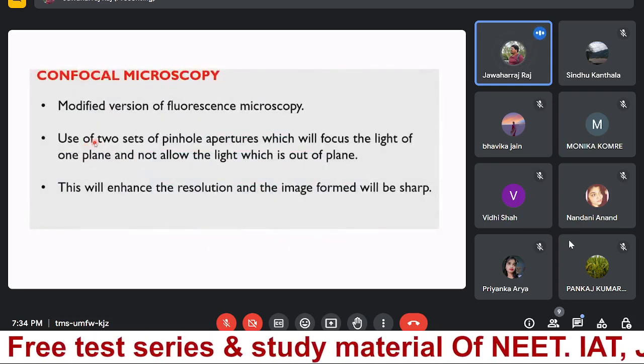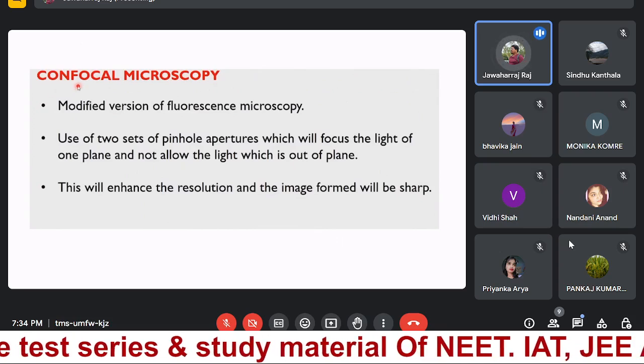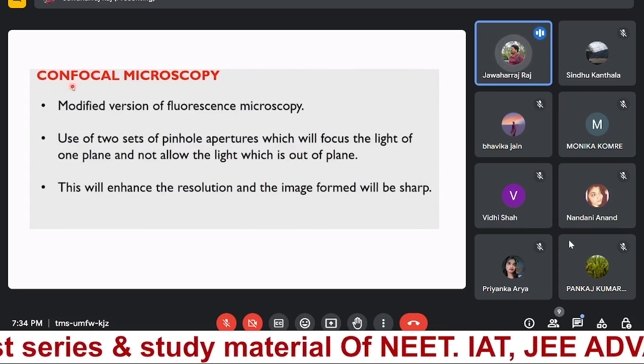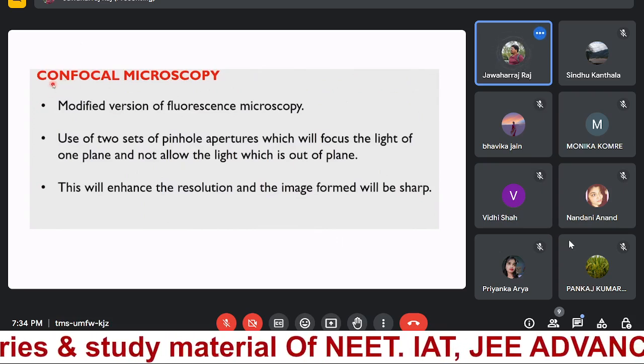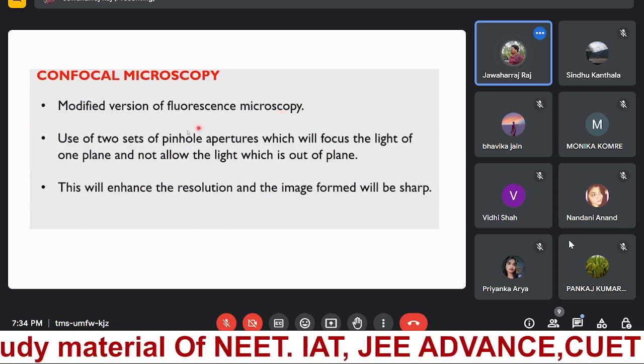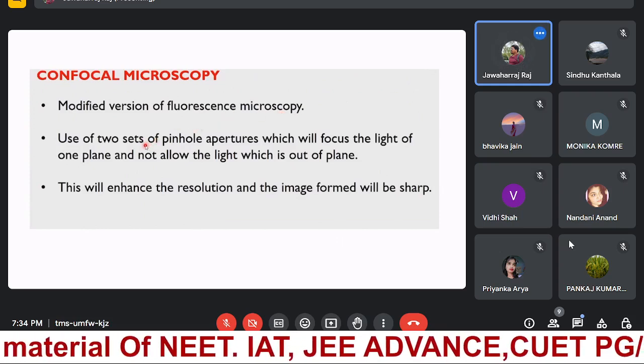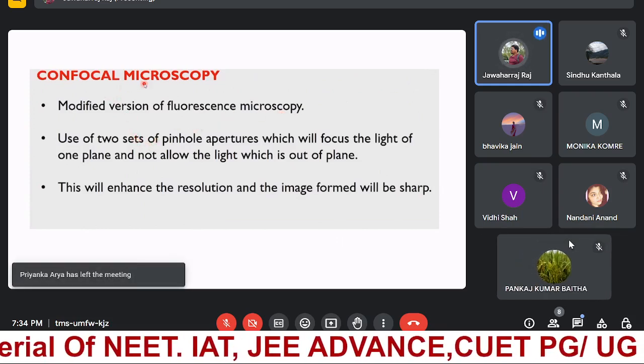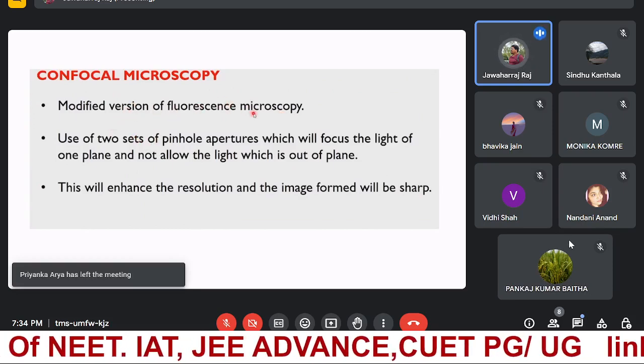And now, what is the difference from fluorescence microscopy? Confocal microscopy is the same as fluorescence microscopy, but it is a modified version. How is confocal microscopy a modified version of fluorescence microscopy?